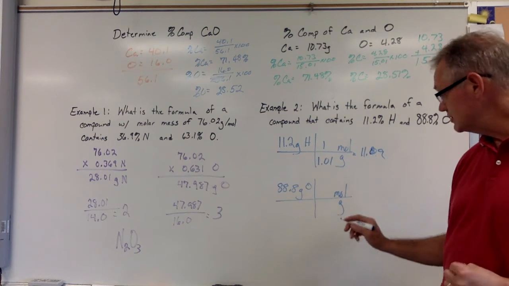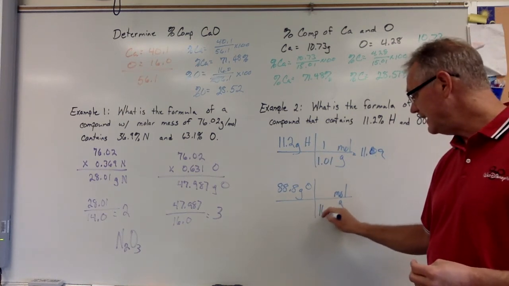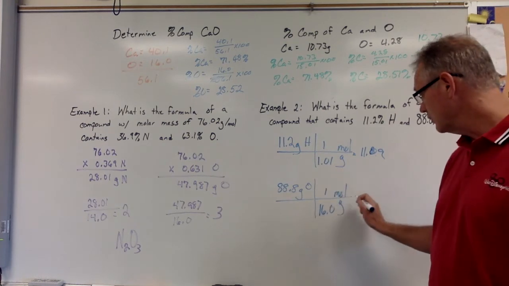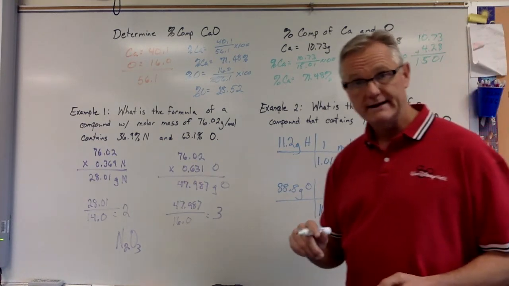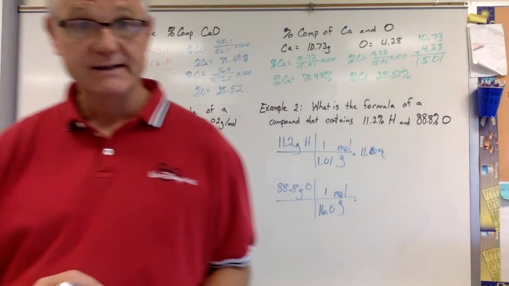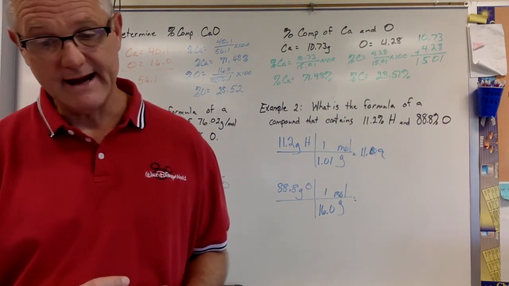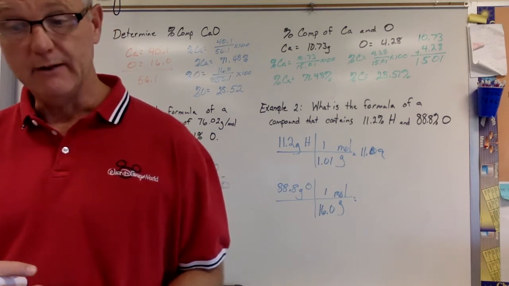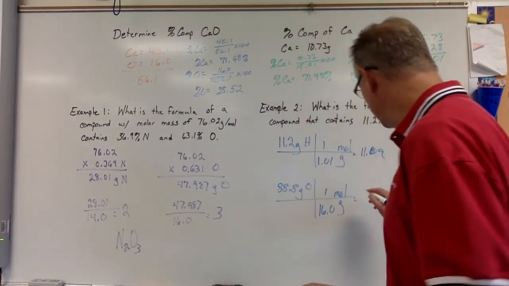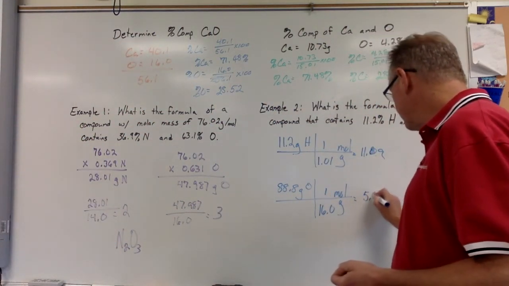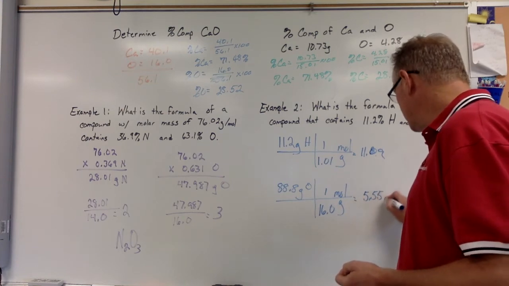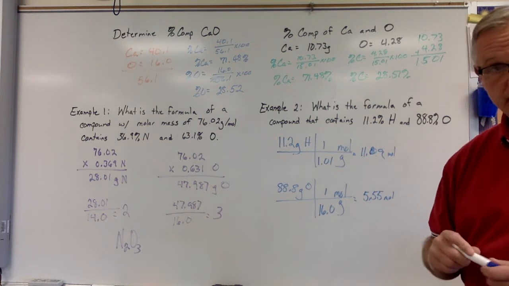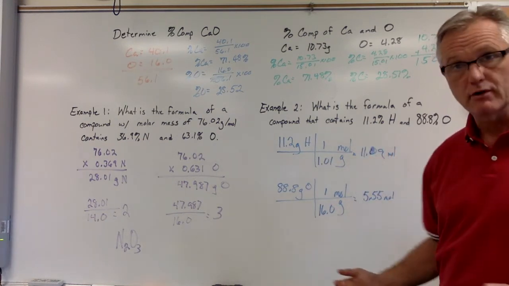So I got to use the molar mass of an oxygen atom, which is 16.0 grams per 1 mole. So now when I divide 88.8 by the 16.0, I'm going to get 5.55 moles.